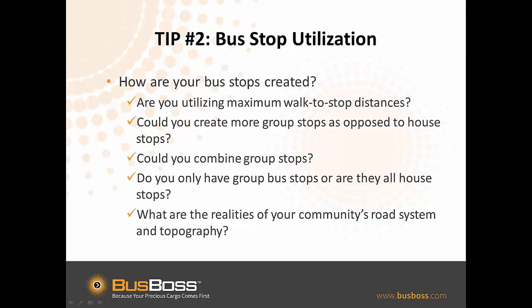So thinking about the school policies, thinking about the placement of the stops. House stops are very expensive, so try to limit those to your special needs students. Try to have it for when you are sending out a special needs bus, that it is just for that special needs student, so it's not shared with anyone else.